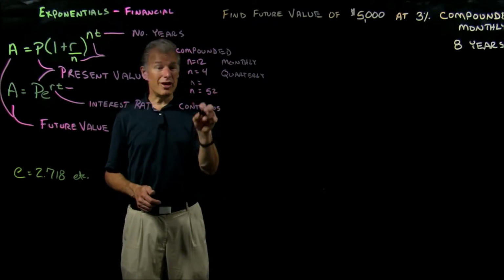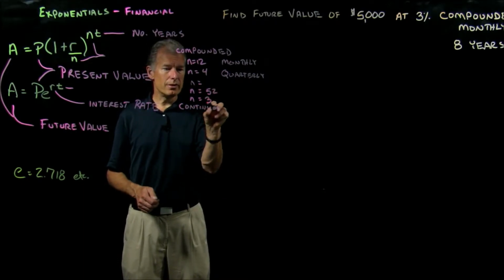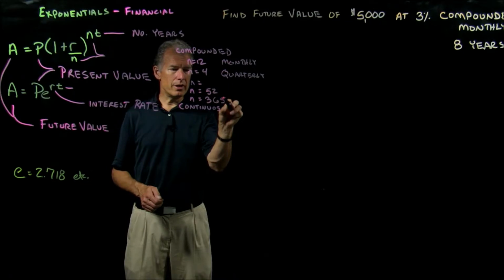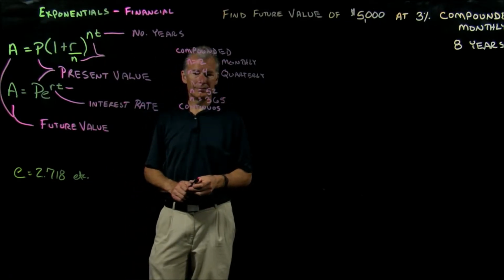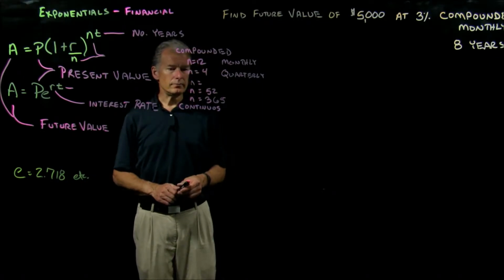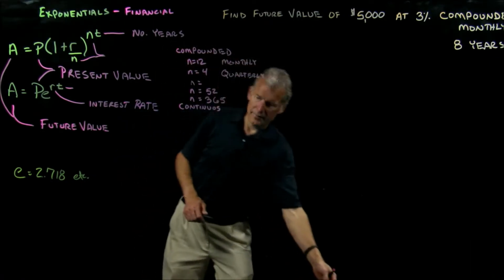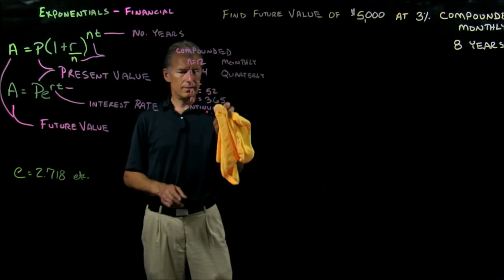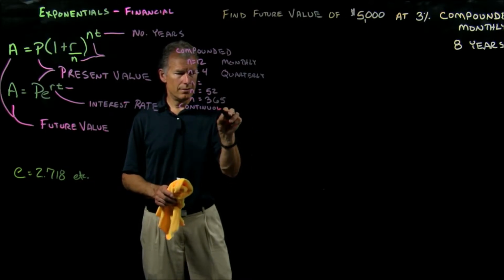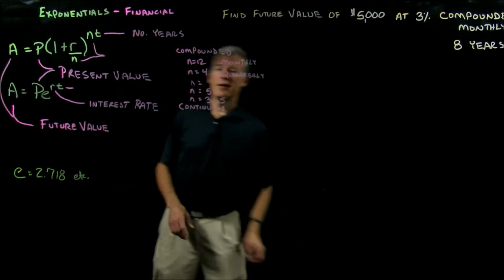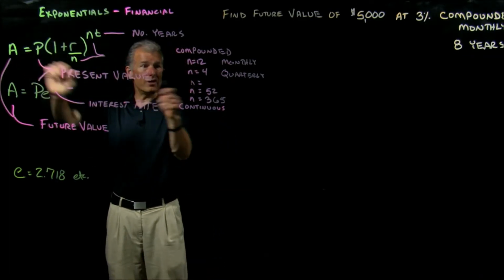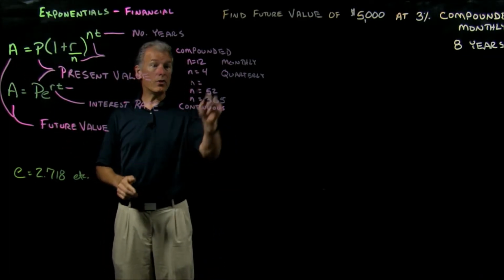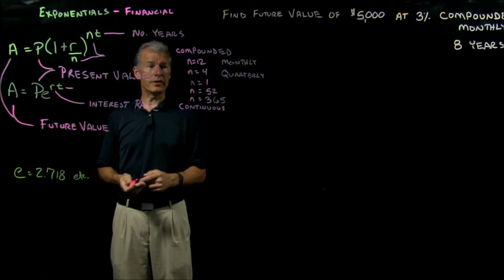You could even do compounded daily, which is, you get a big number there, 365, when you put that in there for your exponent. There we go, continuous. So this here will be compounded certain number of times per year. And, oh yeah, N equals 1 if it's yearly.